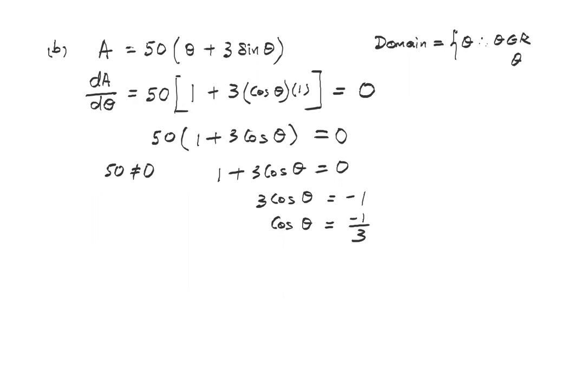Theta between, the smallest value of theta is 0. The highest value of theta is, when theta is 0, it is a straight line like that. When theta is equal to, what is the highest value for theta?